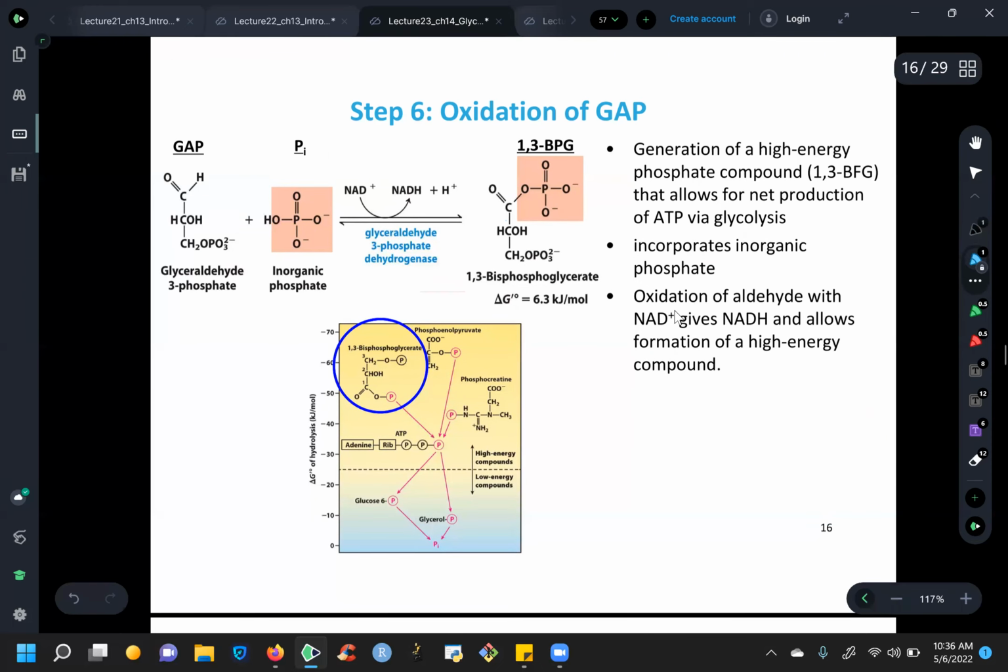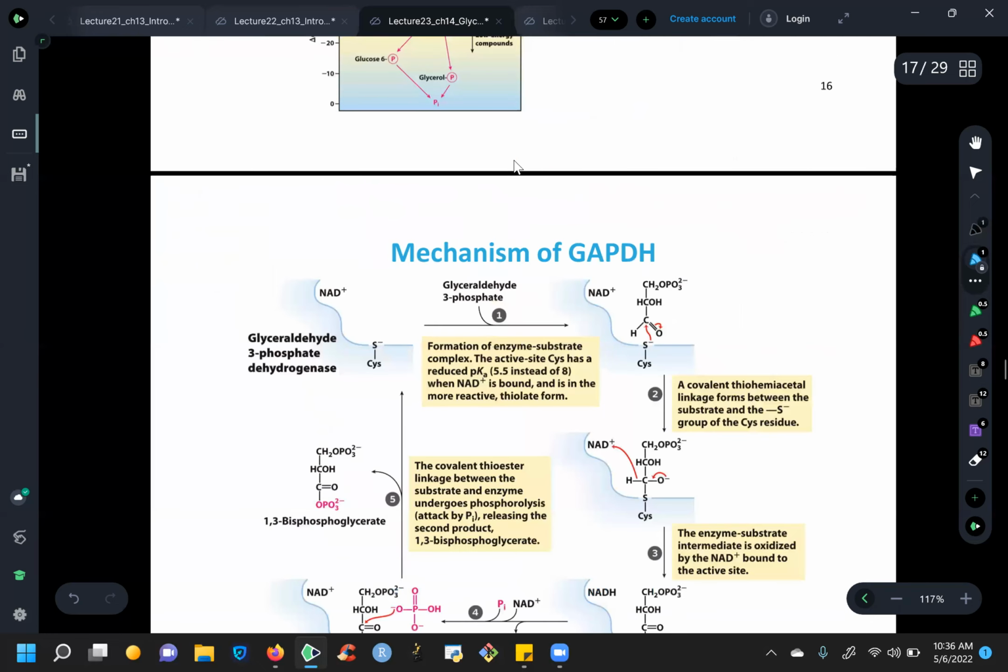Okay, and then oxidation of aldehyde with NAD plus gives NADH. So in addition to this glyceraldehyde 3-phosphate dehydrogenase from step 6, this enzyme, in addition to making this high energy molecule 1,3-BPG, also reduces NAD plus into NADH. And we already know that that's going to head over to the citric acid cycle to create ATP.